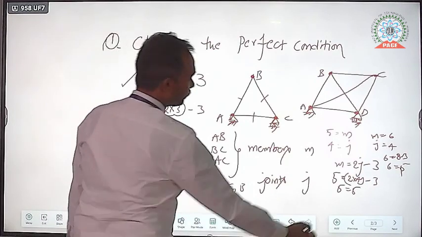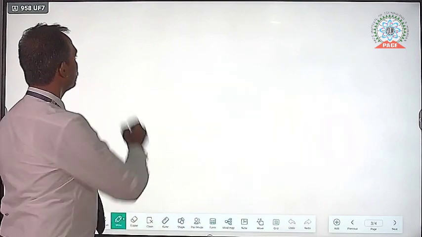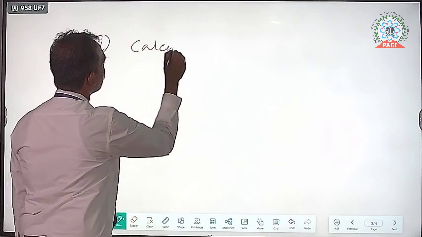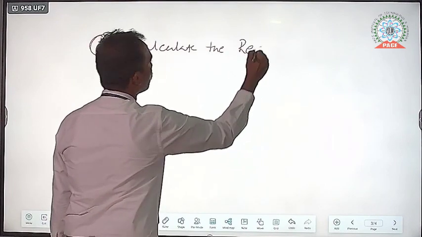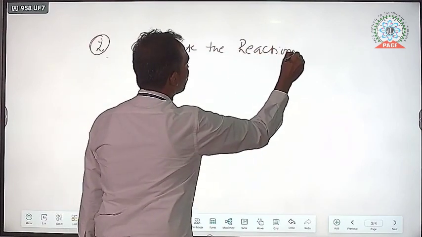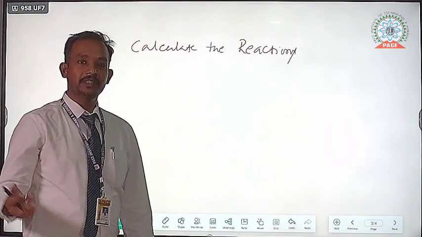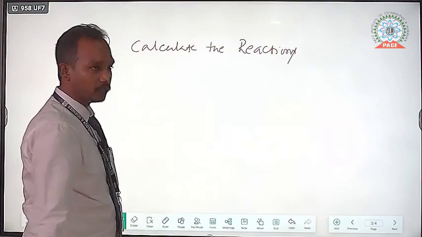And next one is calculate the reactions. So from the previous session, the equilibrium equations, we can apply those to calculate the reactions.